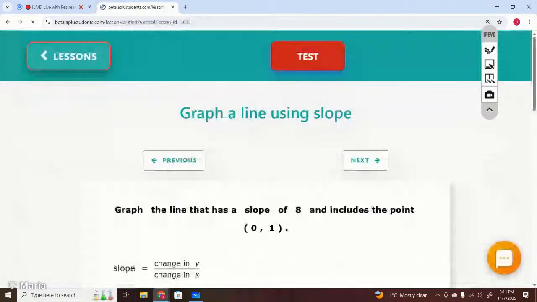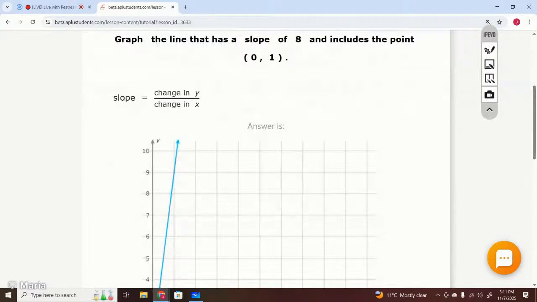Graph a line using slope. Graph the line that has a slope of 8 and includes the point 0, 1.